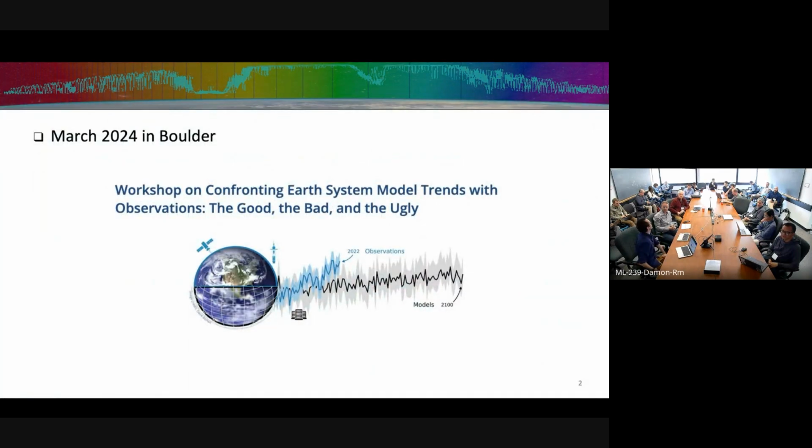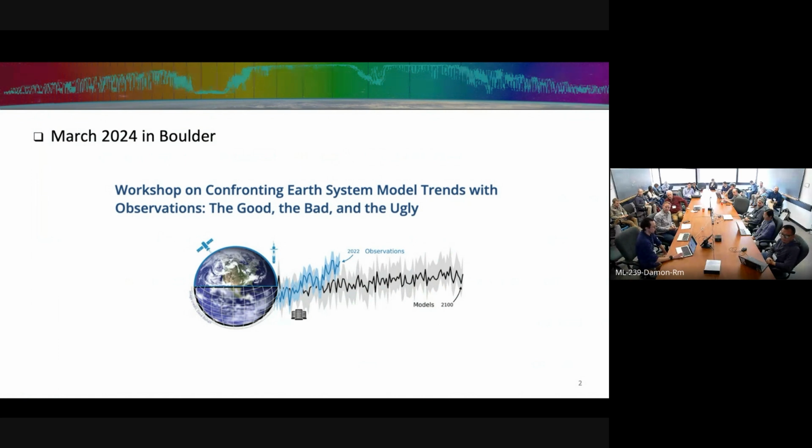So a little less than a year ago, we had a CLIVAR meeting in Boulder that was about confronting our Earth system models with observations. This was a really great meeting, and it had this fun little tag about confronting, as if there's some kind of conflict, but also that there are good, bad, and ugly things about the way that we are evaluating our models.